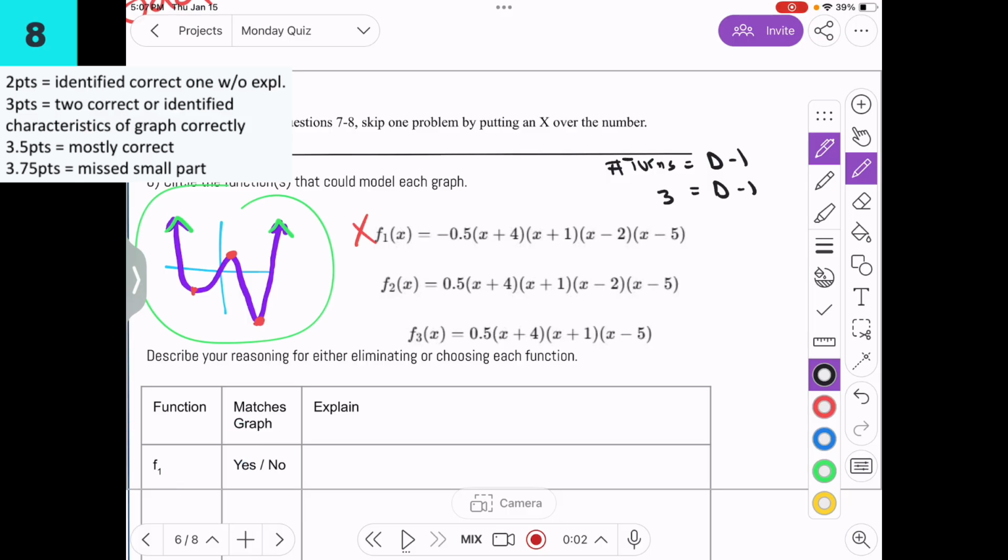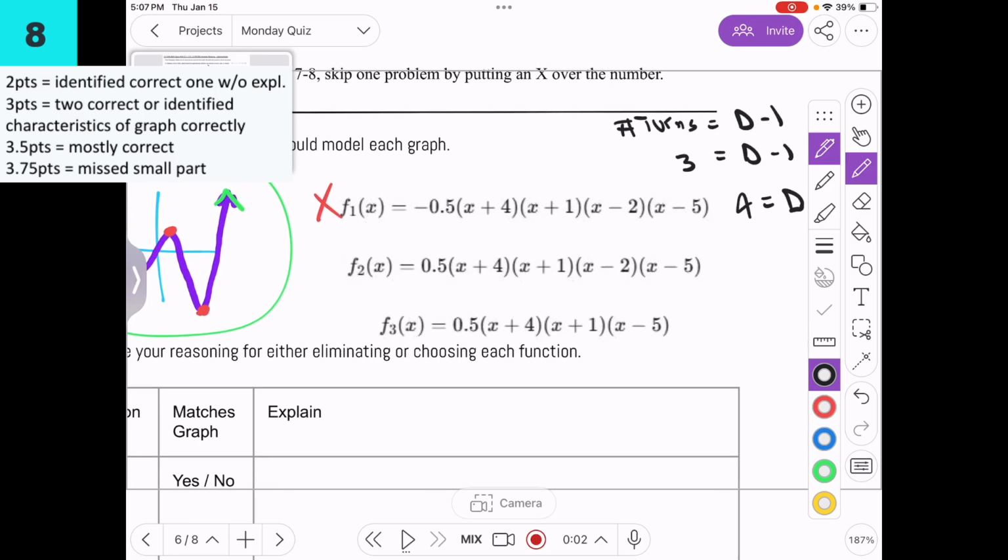So I can plug in 3. So 3 equals degree minus 1. Add 1 to both sides. I know that my degree has to be 4. So which one of these 2 has a degree 4? It has to be the second one. This one is my degree 4 because I multiply 1, 2, 3, 4 x's.